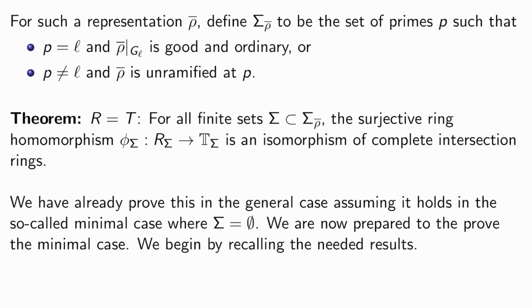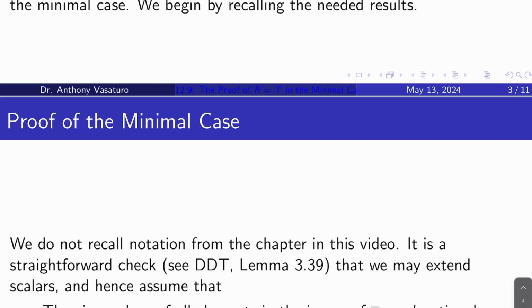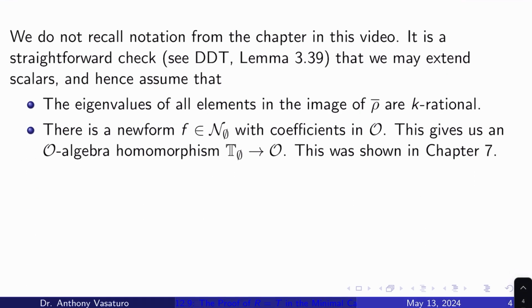We're just going to begin by recalling all the needed results from the chapter. Again, I'm not going to recall all the notation from this whole chapter in this video. It's a straightforward check to begin the proof that you can extend scalars, and so you can assume the following. First, you can assume the eigenvalues of all elements in the image of rho bar are actually K rational.